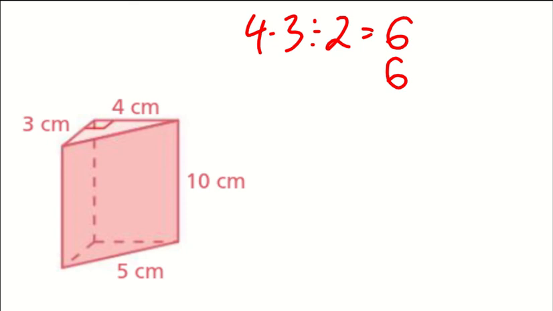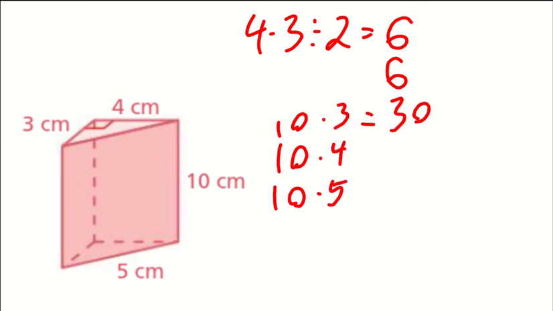What number's connecting everything? 10. So the 10 is connecting. We use it 3 times. So we got 30, 40, 50 for the rectangles. Then we add things up.